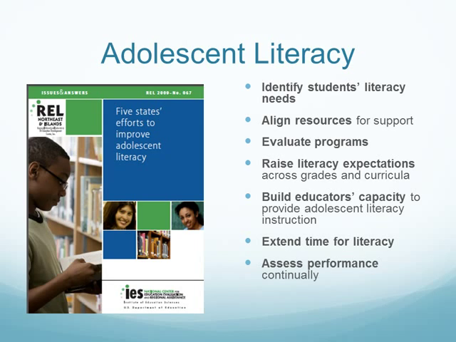Some of the areas that they have indicated are important are to identify students' literacy needs, to align the resources that you have across the tiers of support, to evaluate the programs that you've initiated in your schools, to raise the expectations of literacy across not only grades but the curricula, build the educator's capacity on a continuous basis, extend the time for literacy, and assess the performance on a continuous basis. This is in alignment with our discussion today.